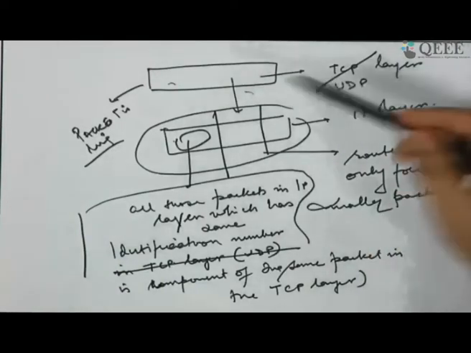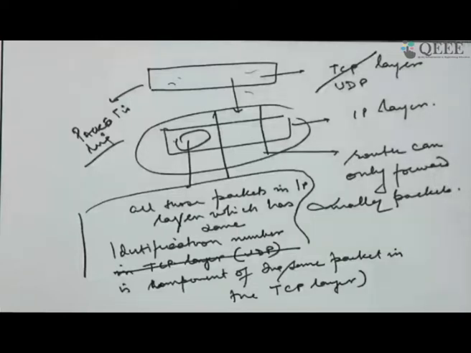Again I am telling, a packet comes from the TCP layer to the IP layer, but this packet is big and the router cannot forward big packets. Then what will you do? There are two things which can be done. You can discard, but that is of no use.